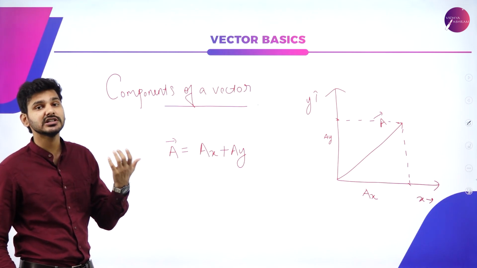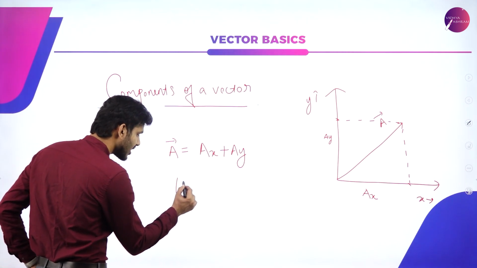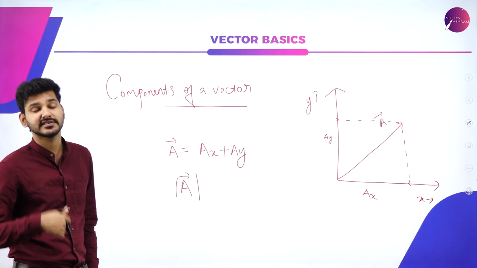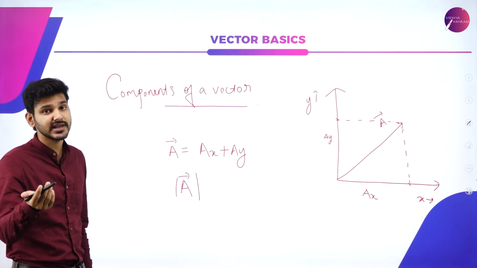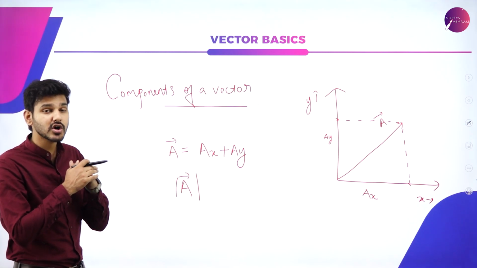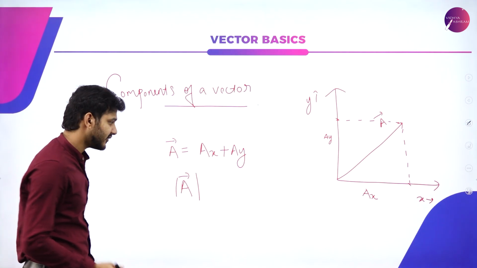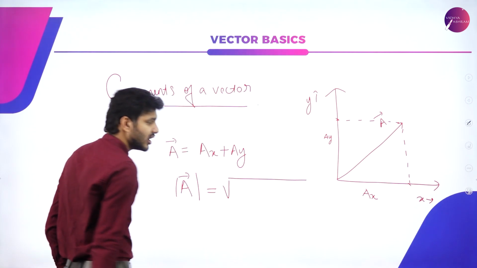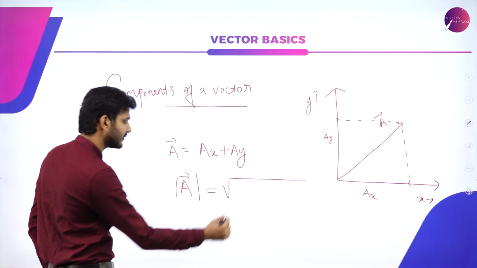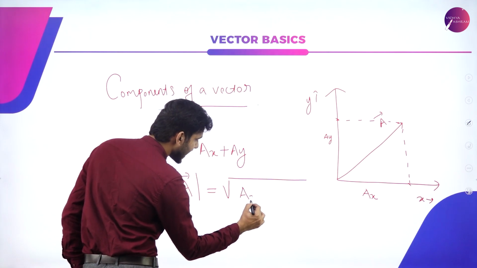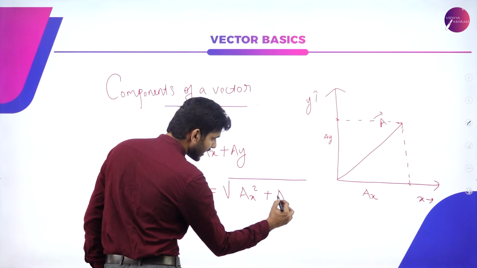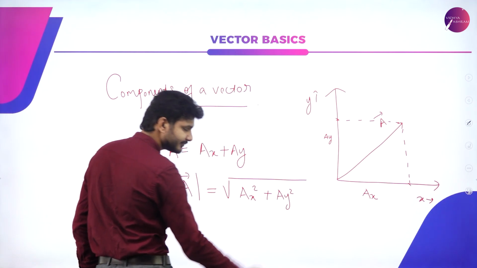And now we also learned that there is something known as a magnitude value. I've told you what magnitude actually is, that is the face value, but I did not tell you how we can obtain it. The way we can obtain it is that we write down the root of ax square plus ay square.